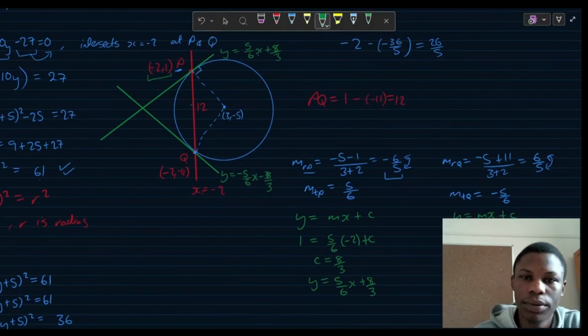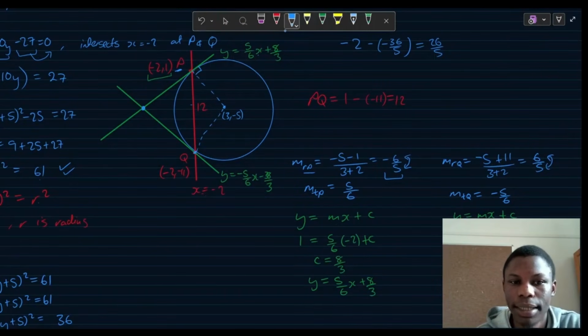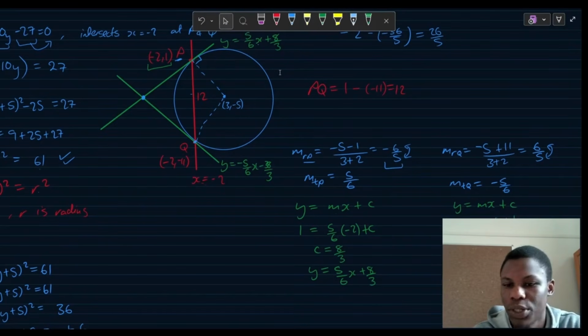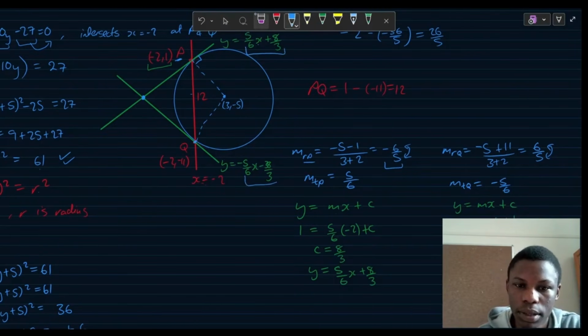And so now what we need to do is to find where these two tangents intersect. We want those coordinates. And to do that, we solve simultaneously. So just equate these two together. That's 5 over 6x plus 8 over 3 is equal to negative 5 over 6x minus 38 over 3.